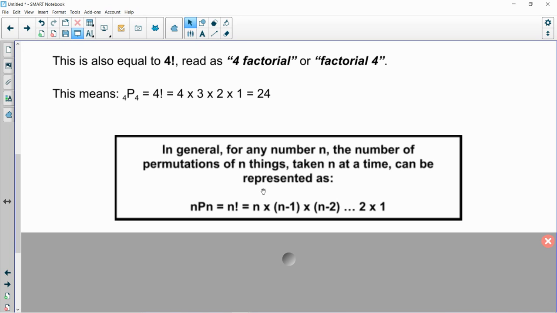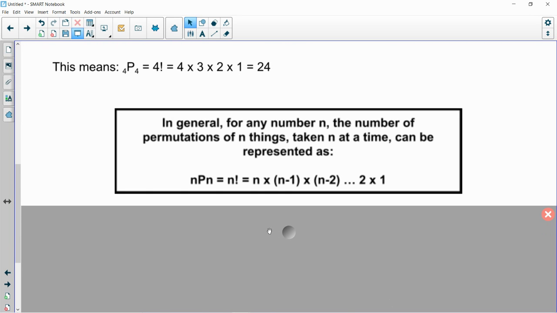We could figure out the number of arrangements by evaluating 5P5, which would be equal to 5 factorial, which if we wrote it out would be 5 times 4 times 3 times 2 times 1. Always counting down to 1 integer at a time.